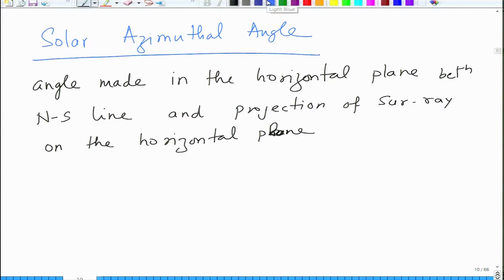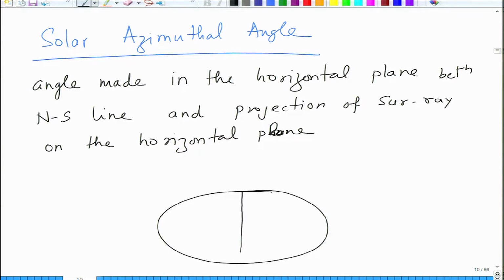So let me just draw it for you. If this is the horizontal plane, and I define this as north, this is south, east, this is west, let us say the sun is somewhere here. So this is the sun, and this is the sun ray, right?